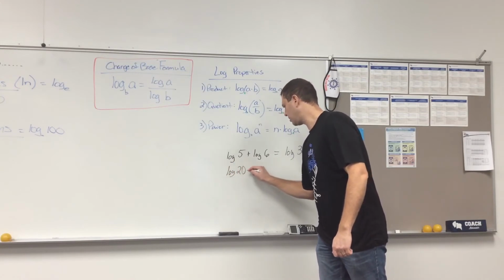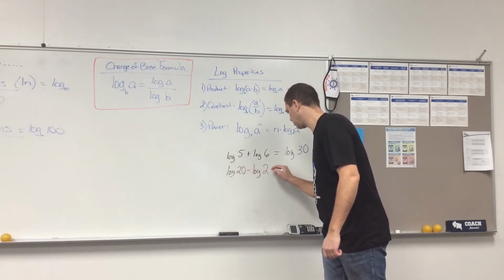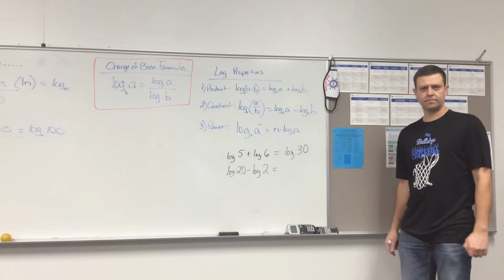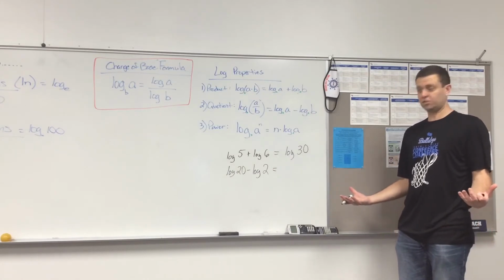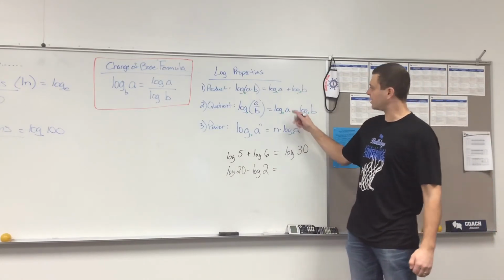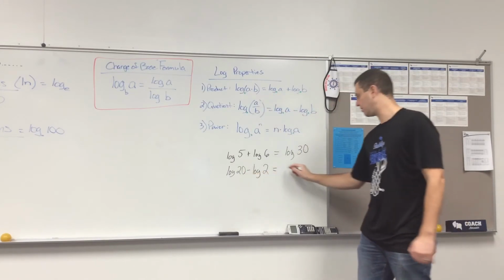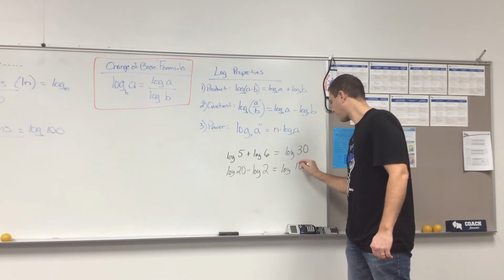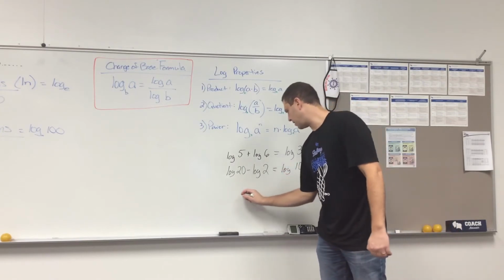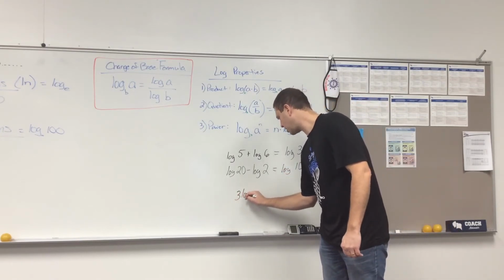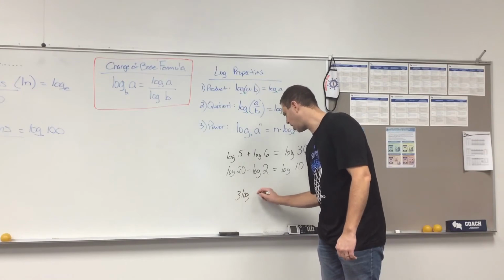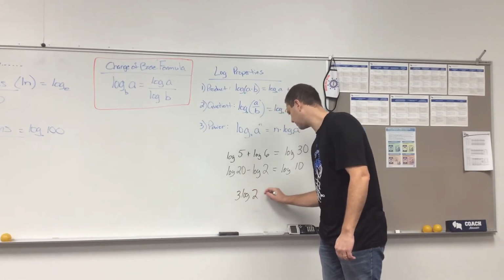Log 20 minus log 2. Log 10. Because when you subtract, you can divide, right? 20 divided by 2 is 10. And then they might give you something like this. 3 log, I'll keep it easy, 2.